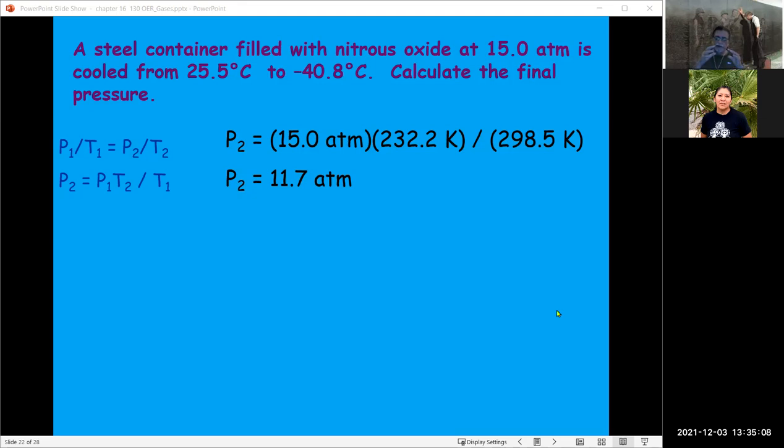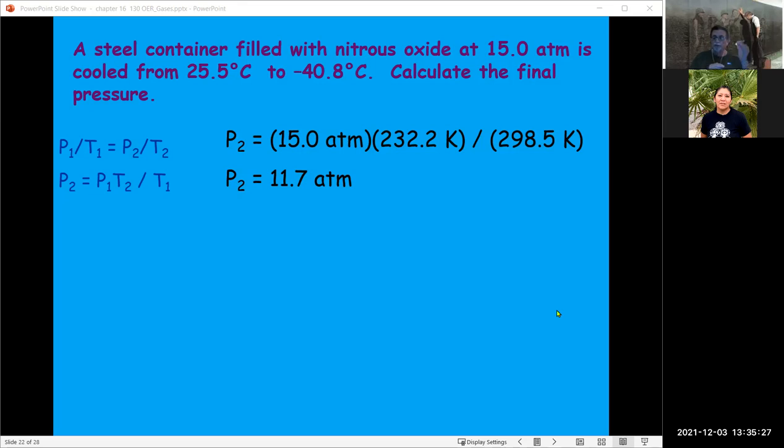You have removed energy from the gas molecules and they start to condense. So there are fewer gas molecules pounding against the walls of the steel container, and hence the pressure drops.